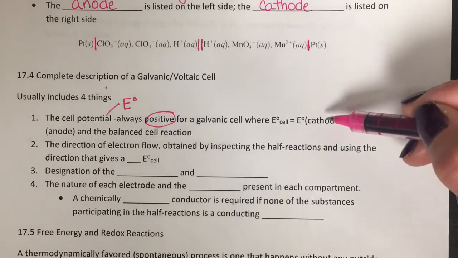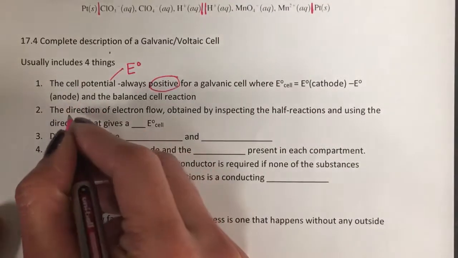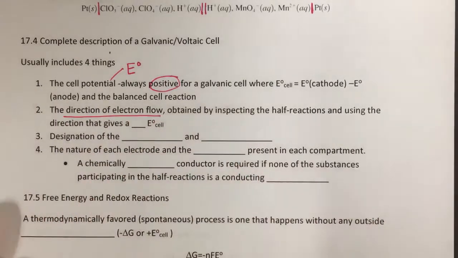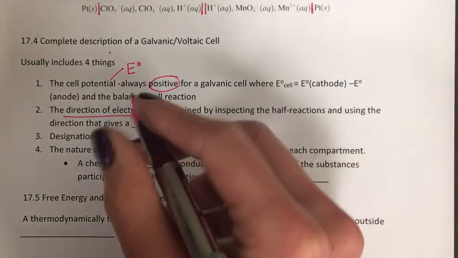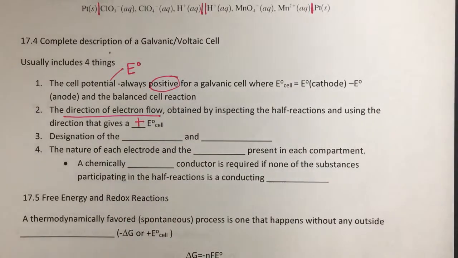Remember, I can either write it as my cathode minus my anode, or I just change the sign for the one that's actually being oxidized, and it works out to be the same thing. Okay? So I need to know the direction of the electron flow. I need to figure out who's gaining electrons, who's losing electrons, and I figure this out because I know that overall, I have to have a positive E cell.